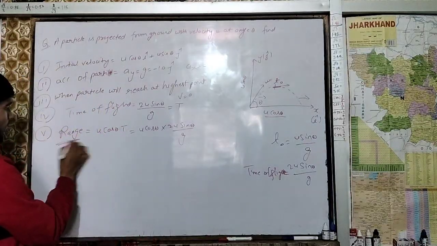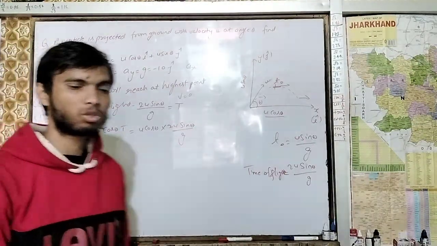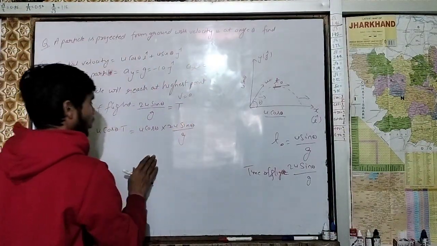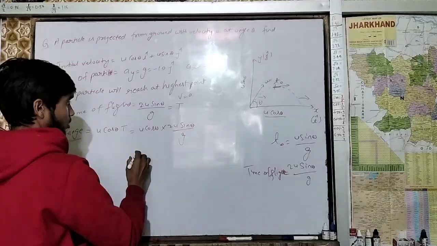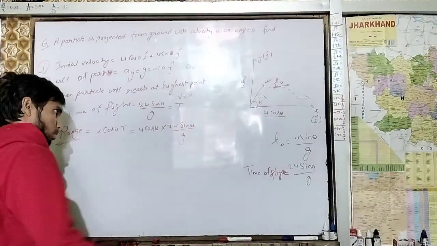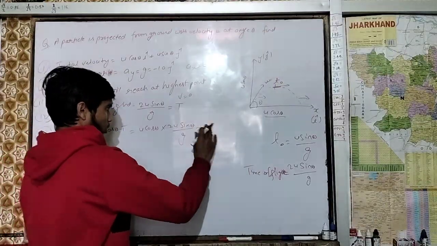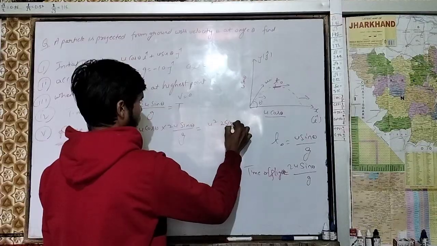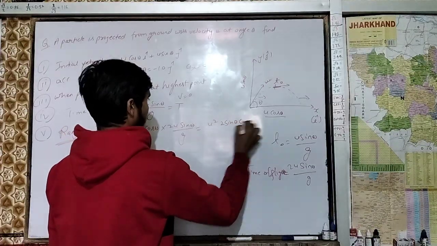So to calculate the range, what will be the shortest equation? Over here, u multiplied by u will be u square. So u square 2 sin theta cos theta upon z.